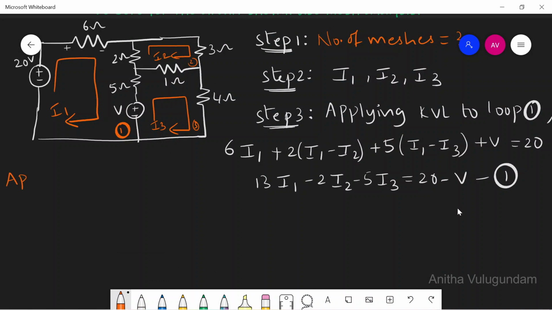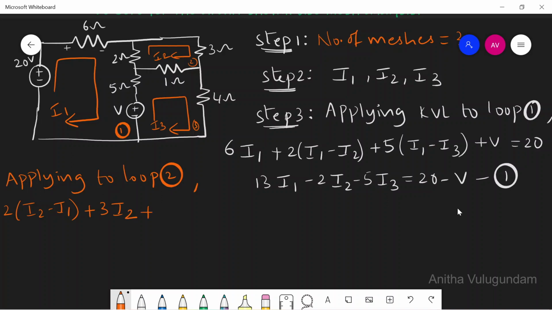Next, applying KVL to loop 2. Voltage drop across the 2 ohm resistor is 2 into (I2 minus I1). Voltage drop across the 3 ohm resistor is 3 into I2.